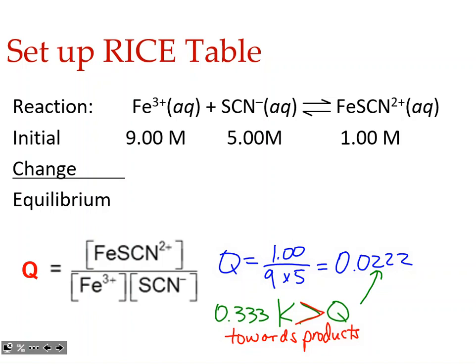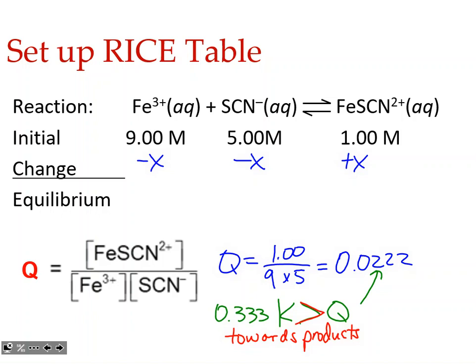All right, so still the change 1 to 1 to 1. So minus x, minus x, plus x. Now, hypothetically, had K been less than Q, those would be reversed. You would have minus x in the products, and you would have plus x in the reactants if K had been less than Q. Good to go with that?